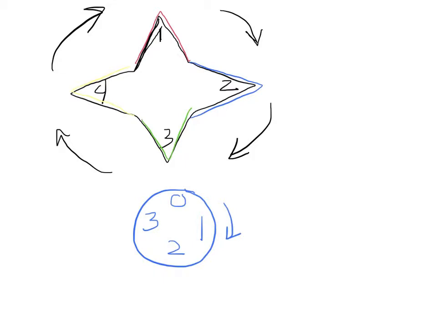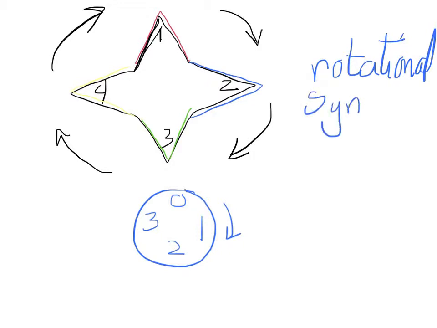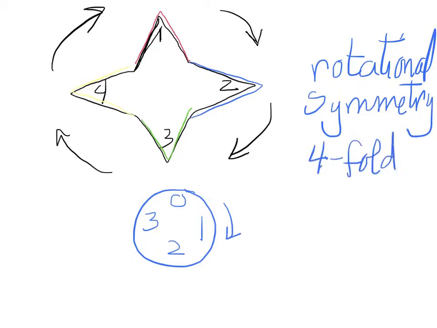And even though I'm rotating star points, I could rotate to a different position. Now, what we tend to like to call this is a rotational symmetry. And in this case, it's called a fourfold rotational symmetry.